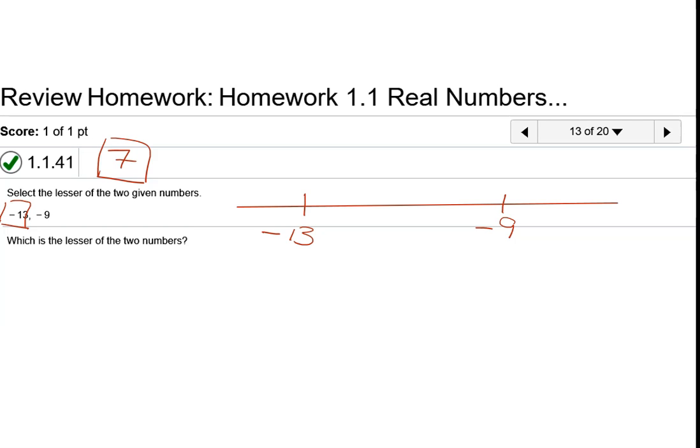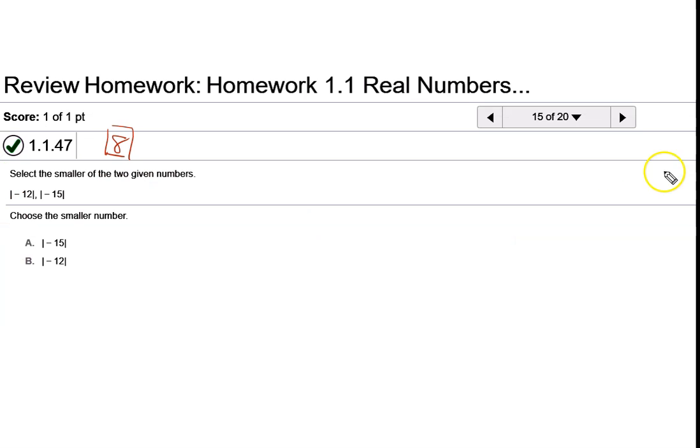A little bit of background. Again, if you have a question, be sure you're asking. For number 8, you're going to put these two absolute values down, and you want to select the smaller. Now, to do that, you have to evaluate because, again, absolute signs are an operational thing.